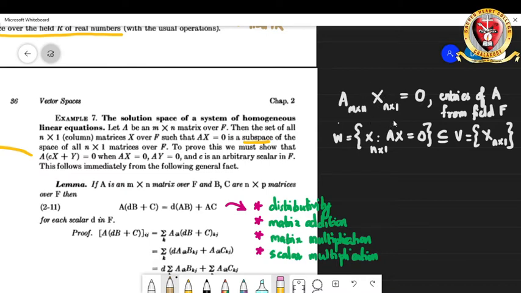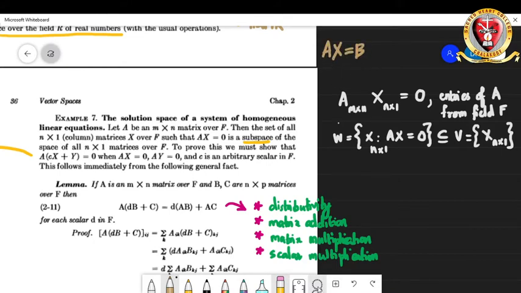This n by 1 matrix will be the solution vector of this homogeneous equation. Homogeneous means the right-hand side is equated to 0. The coefficient b will be 0. Generally, we write the system as Ax is equal to b.